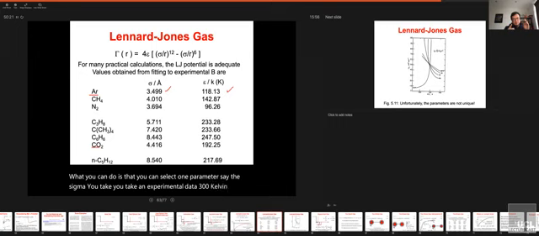You fit sigma and epsilon, and then you say, okay, now I keep this sigma constant, and I take another experiment at 350, and I change the epsilon so that I'm able to reproduce that experimental data set. And you keep on going, keeping that sigma constant and reproducing experimental data as a function of temperature.